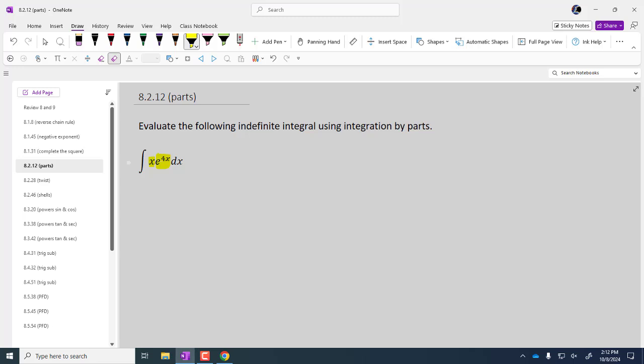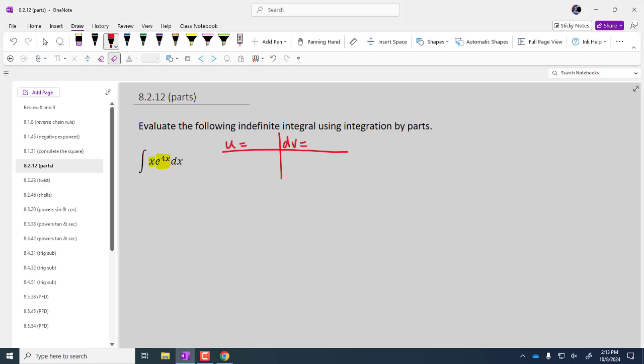And when we do integration by parts here, we want to pick a u and a dv. And the idea is that we're separating the integrand into two parts.